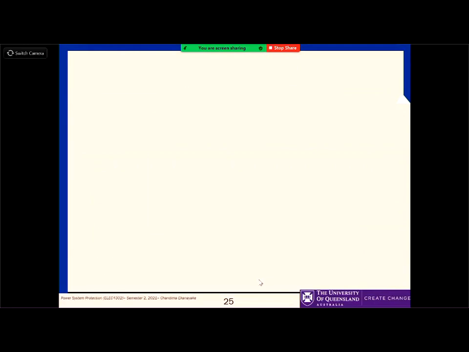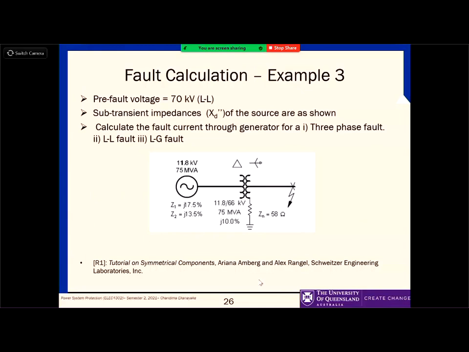Okay, so I will go through one more example here, since when you are looking at these sort of circuits, calculations might be a little bit different from the previous one, where you had Y-Y connections and all neutral points were grounded. So there is no difference between the zero sequence component network and the positive sequence.